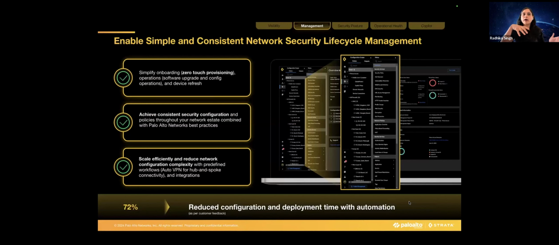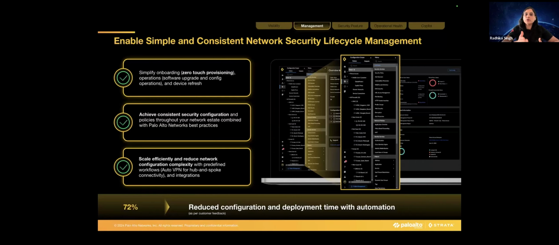The second point which I told about is the simple and consistent network security management. As I already told, you can just write one policy and enforce it across all the enforcement points. And let's say you have a new branch coming, you don't have to think about how the configuration or the onboarding will happen. Strata Cloud Manager simplifies the onboarding using zero touch provisioning.